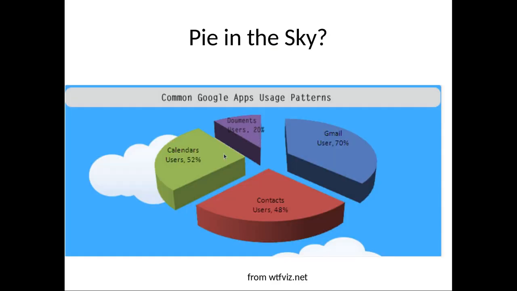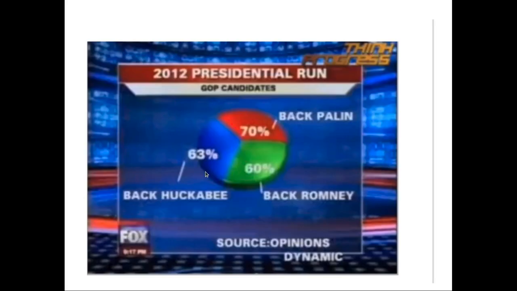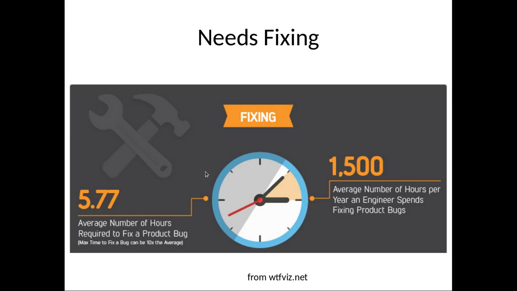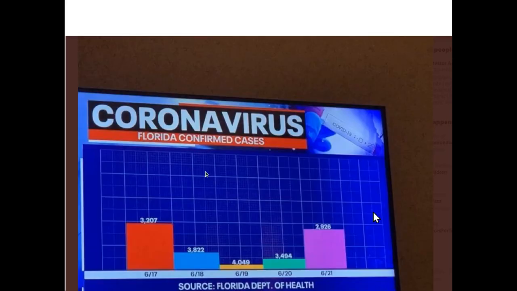Here is another pie chart, and if you add all the numbers, they are more than 100%, which is again wrong. This is another, more recent example, which shows the coronavirus confirmed cases.